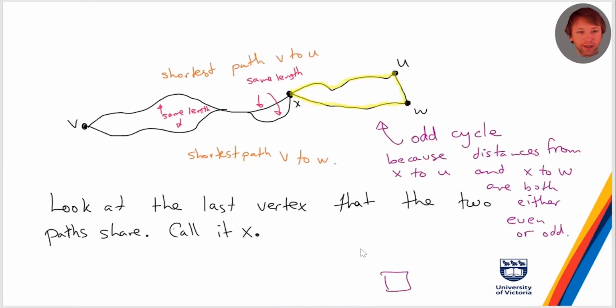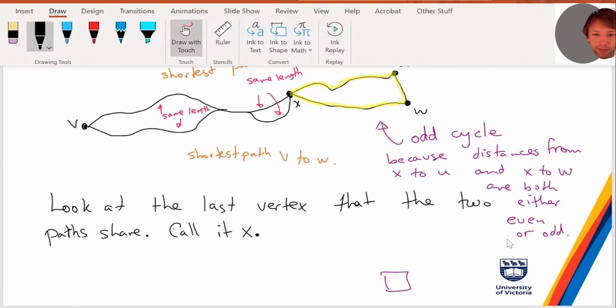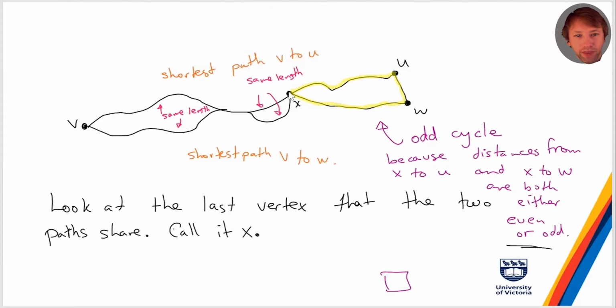So maybe there's some things I'm writing and not saying. Here's the explanation. If I take the last place where these two paths intersect, then the distances from x to u and x to w are both either even or both odd. That's just because this vertex has a certain color, right?